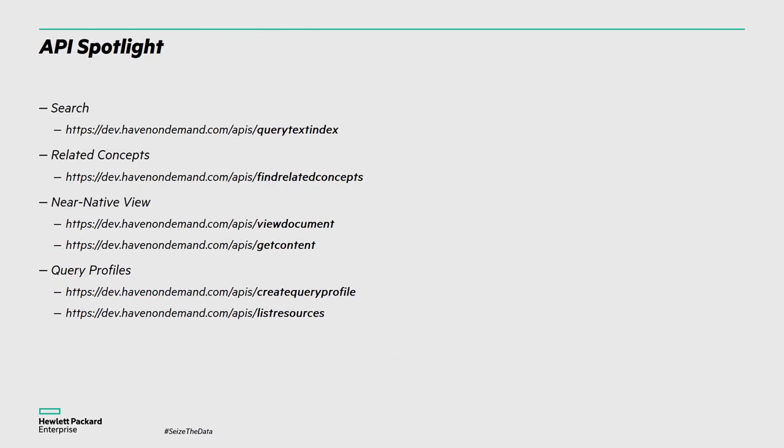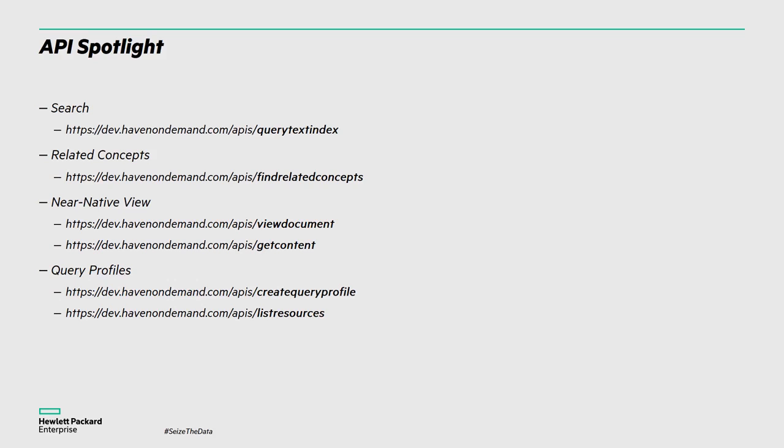So going back to our API spotlight, Find uses a subset of the APIs that Search Optimizer uses, because ultimately we're just doing search. So if you wanted to build your own search application against Haven OnDemand, these are the APIs you would want to use. For search, you'd use Query Text Index. For doing related concepts, you'd use find related concepts.